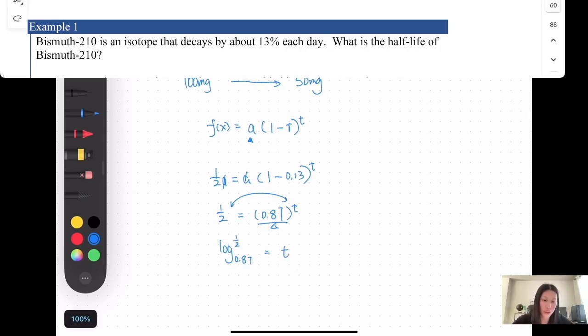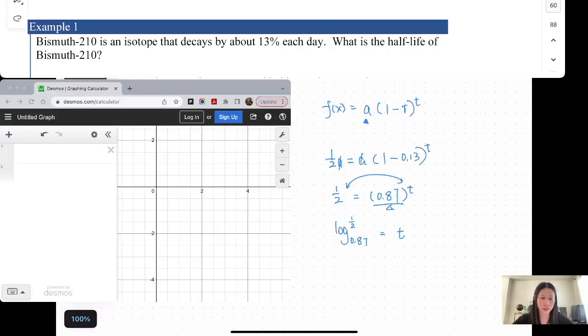Now let's use a decimal or other calculator to calculate that. Usually I use Google Calculator, but this time I want to show you how to calculate this with a decimal calculator. On the left side of the screen, we have our calculator. We just need log. Remember the change of base property: 1/2, I use common log divided by log 0.87.